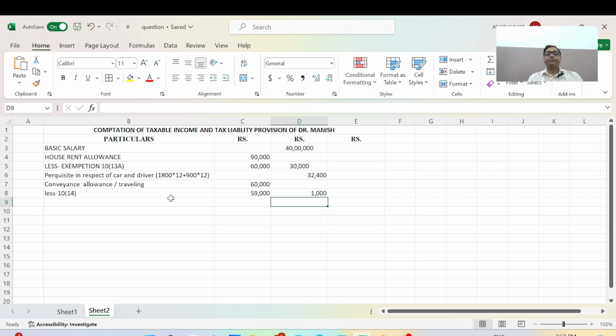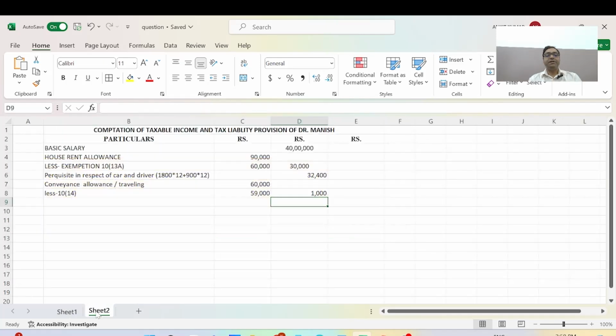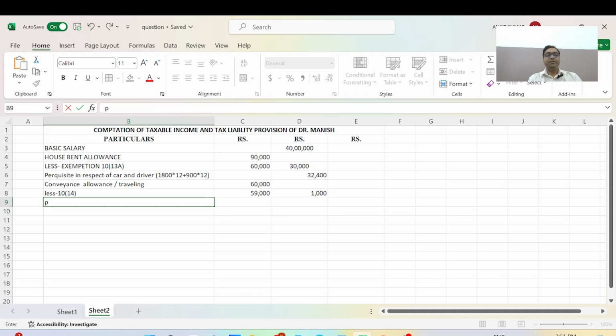Now, any other allowances. The question is about the food voucher, the food allowance, and the calculation is on the basis of perquisite.